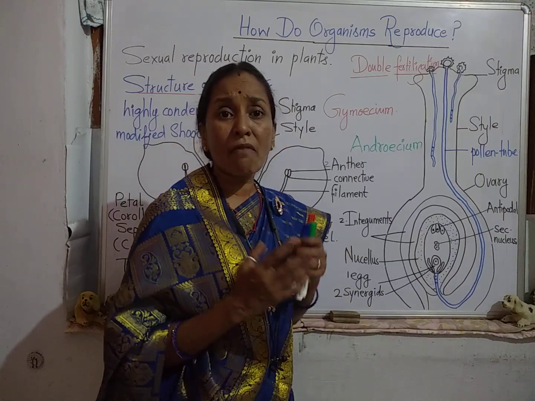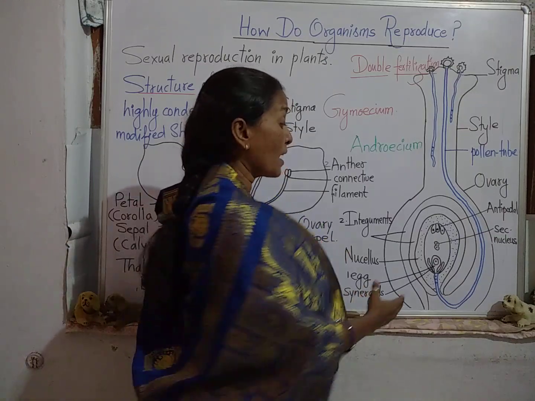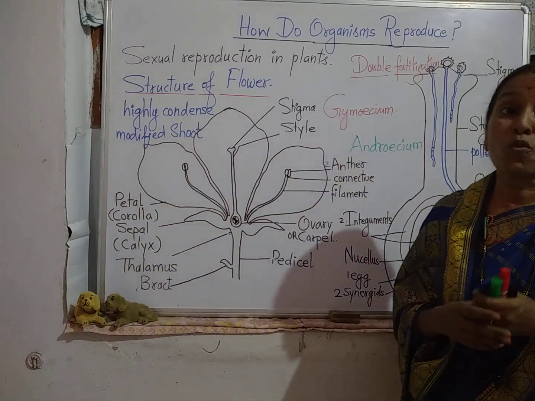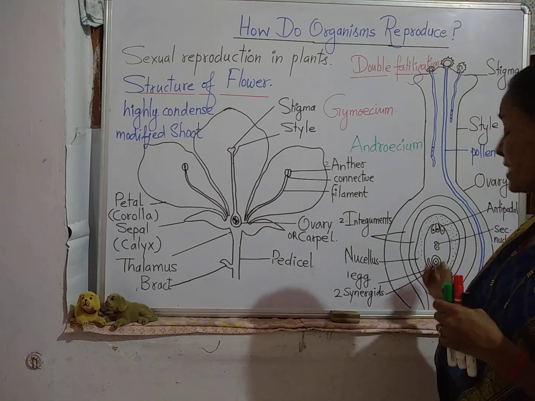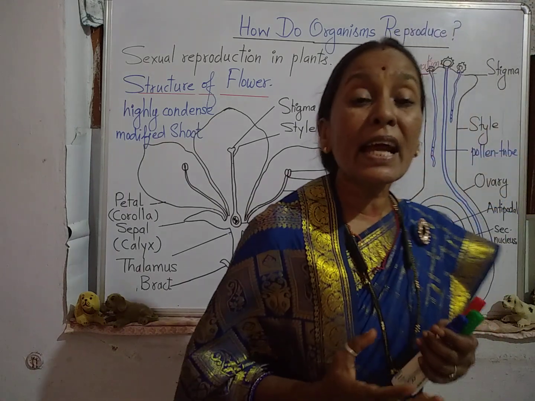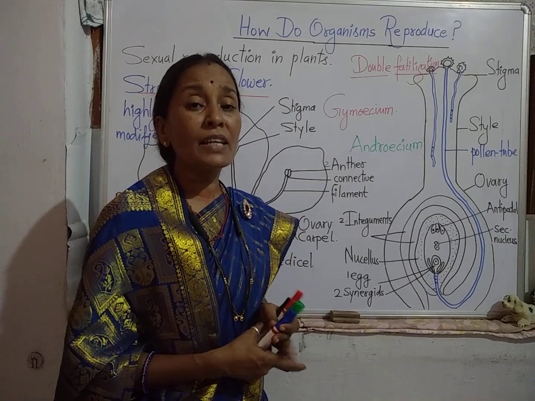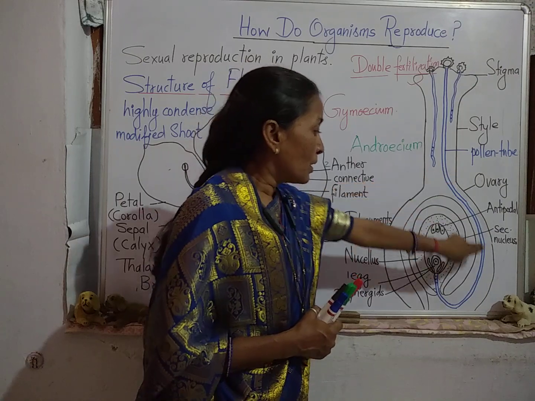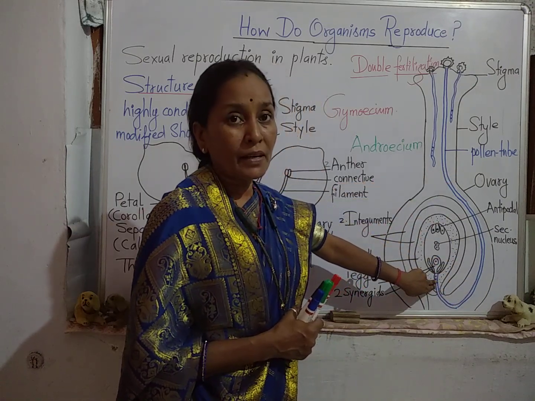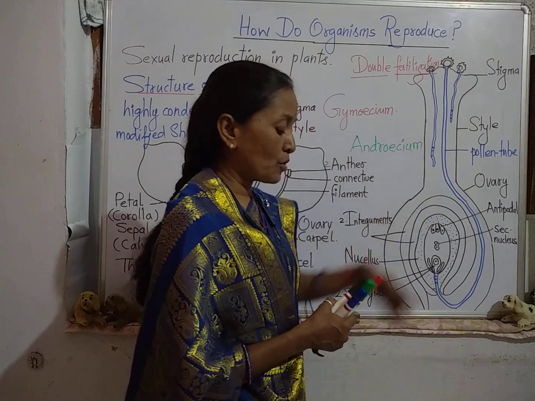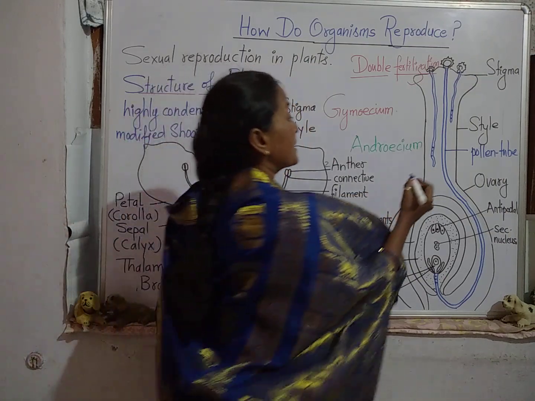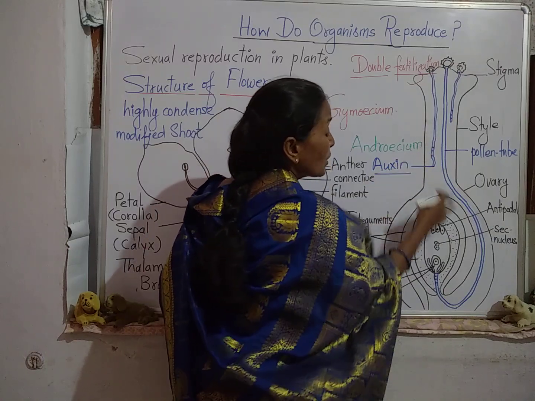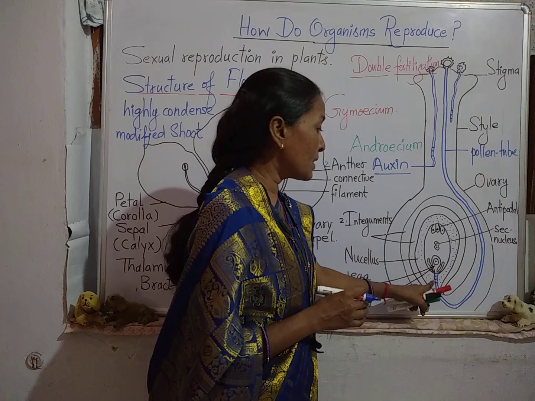So this is the question: why does the pollen tube proceed towards the embryo sac? Because the embryo sac attracts the pollen tube towards itself, as it secretes calcium cations. The pollen tube is attracted by these calcium cations, because at the tip of the pollen tube the hormone auxin is there, which enhances the growth of the pollen tube towards the embryo sac.